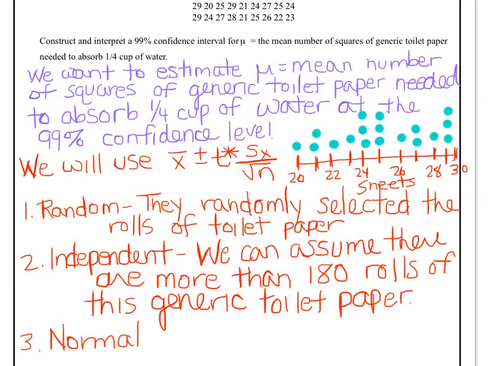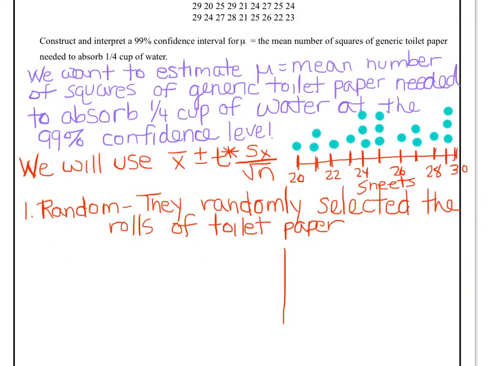I can see that it's not really strongly skewed because since my sample size is 18, that's greater than 15, it would have to be strongly skewed or have outliers for me not to be able to use this. And it is actually neither. It doesn't seem to be strongly skewed, and it doesn't have any outliers.